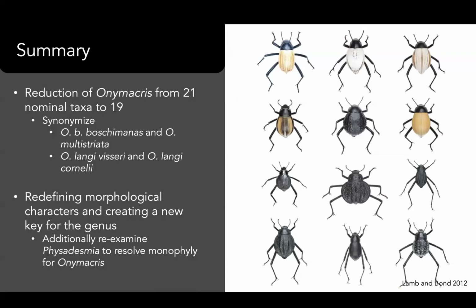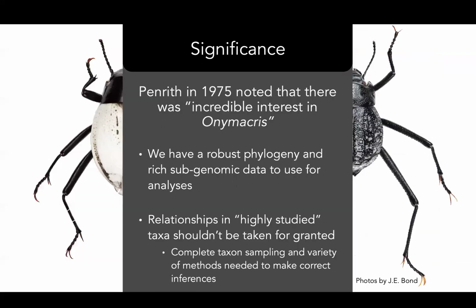But we are planning on re-examining these characters and then creating a new key for the genus to reflect the synonymization, as well as the variation between populations that we see in some of our specimens, and additionally to examine that relationship with Physodesmia and resolve the monophyly from Onymacris.